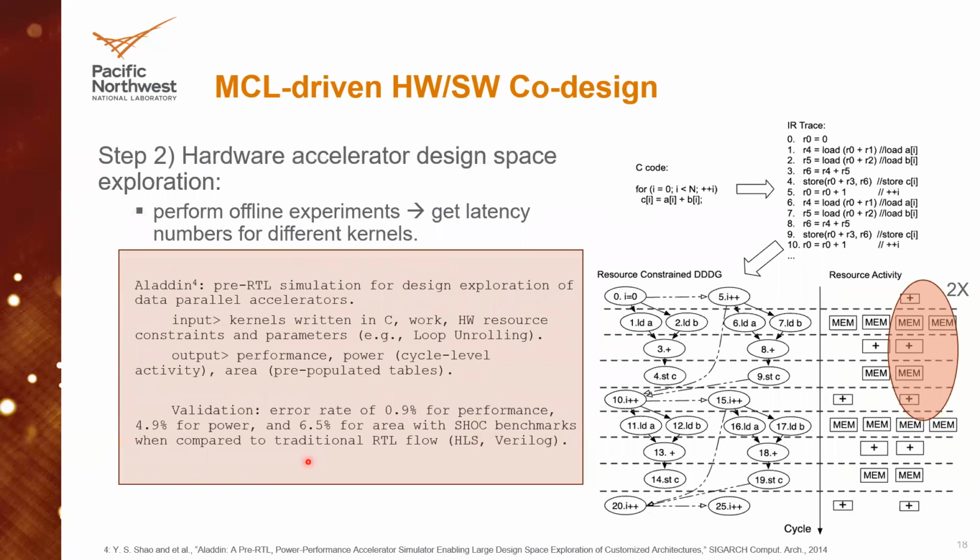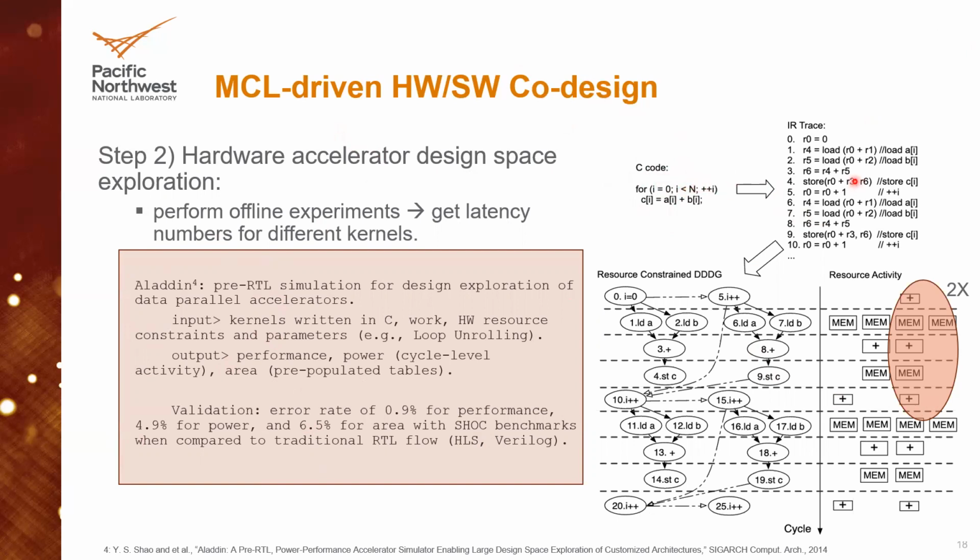So step two here is you do some hardware exploration of the hardware accelerated design space, and you can use multiple simulators here. I have given an example of Aladdin, which is a pre-RTL simulator. Essentially, you provide the kernel you want to accelerate in C code.